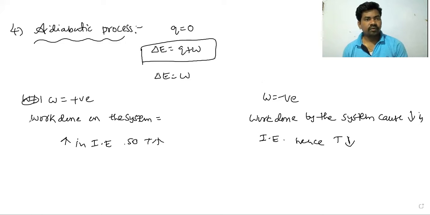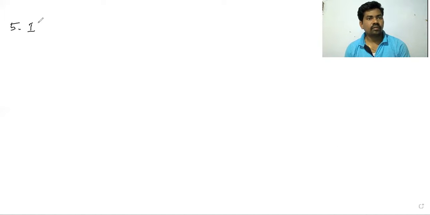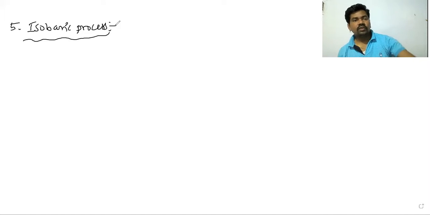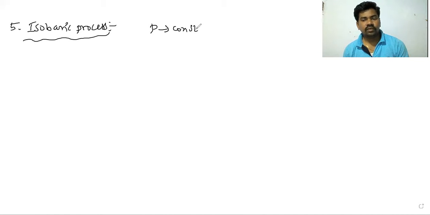Then the last and final one, the fifth one, isobaric process. In isobaric process, pressure is constant. So P is constant, and if P is constant, then delta P is equal to 0. So what is happening to delta E?